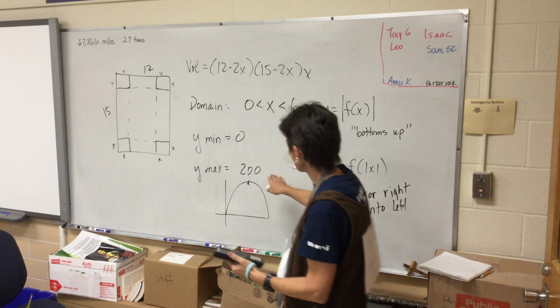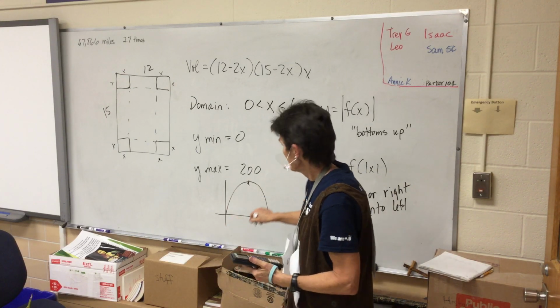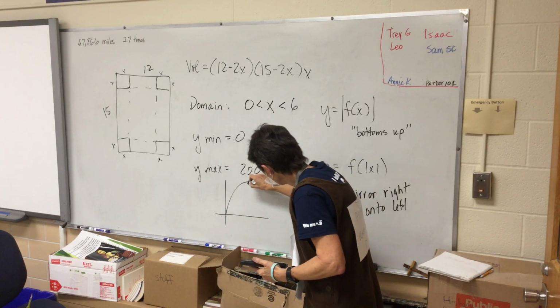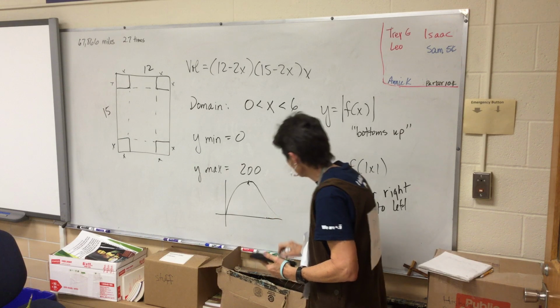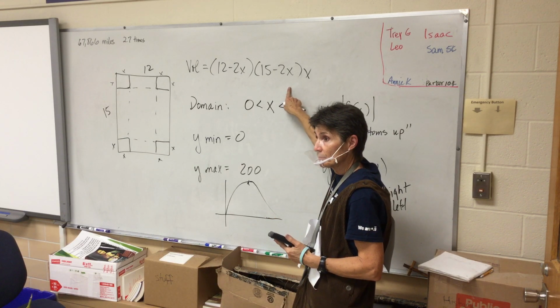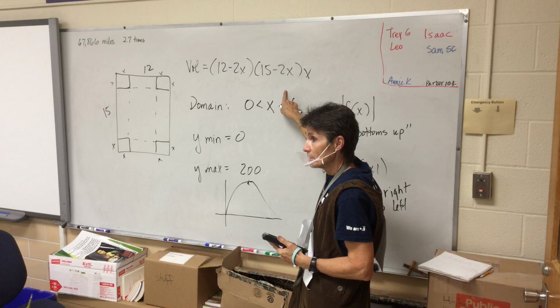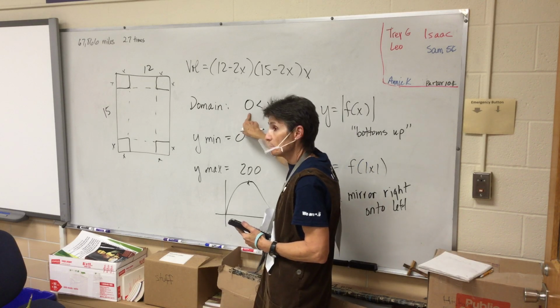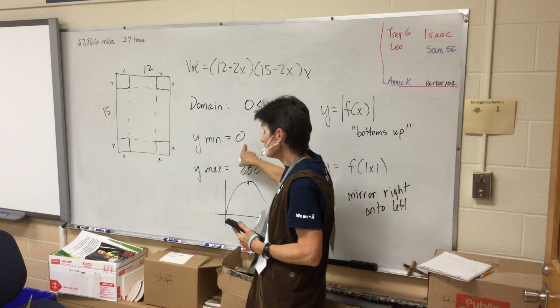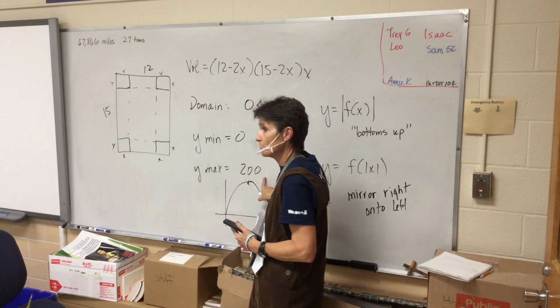Oh yeah, 200 was a good guess. That works great. You should have seen something that looks kind of like this. Looks a little bit different when you graph this equation. Okay, you want x min to be 0, x max to be 6, y min to be 0, y max to be 200.